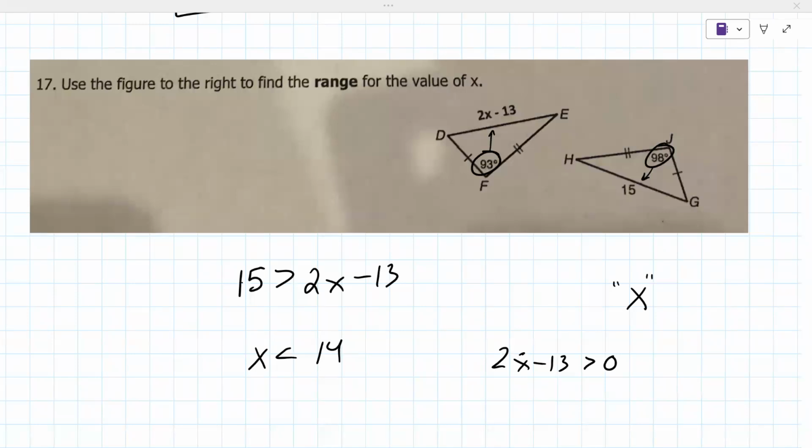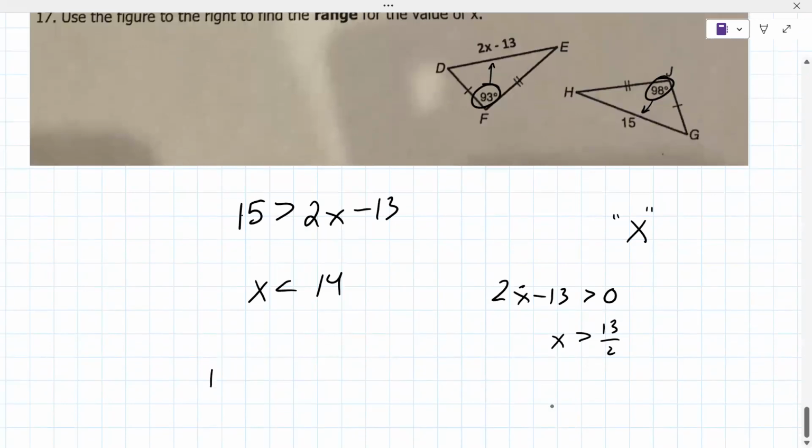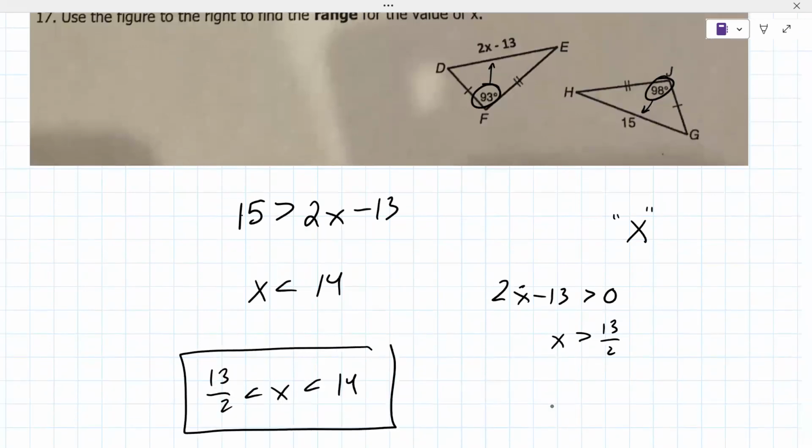X is greater than 13 over 2. Which means that 13 over 2 and 14 surround the value of x. Does that work? Yeah.